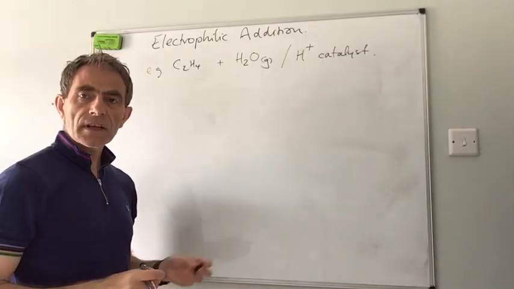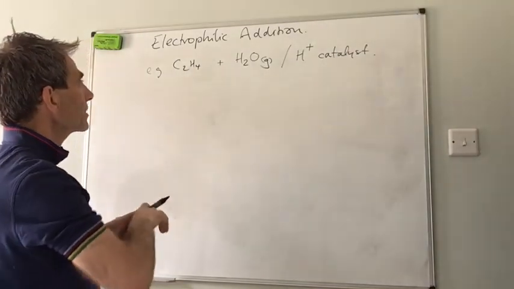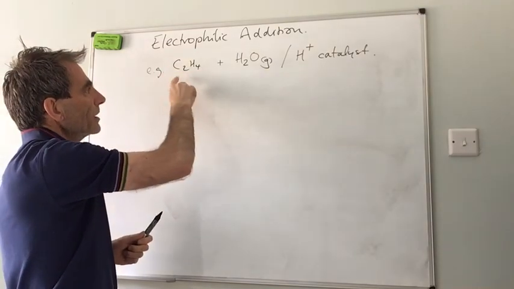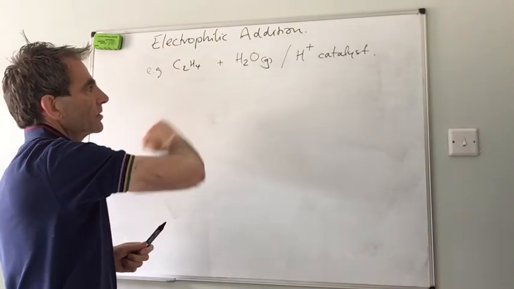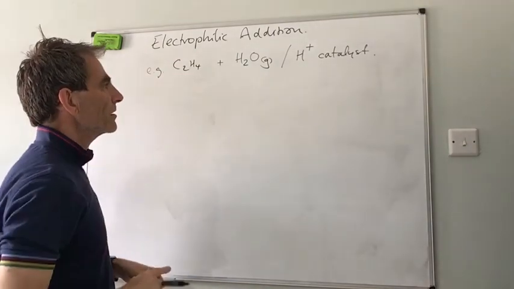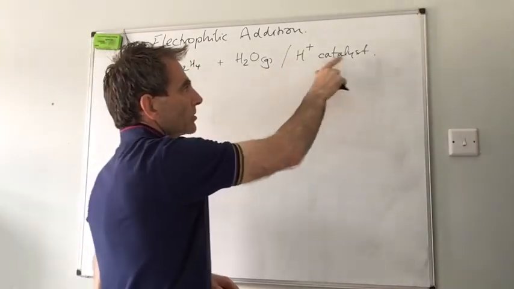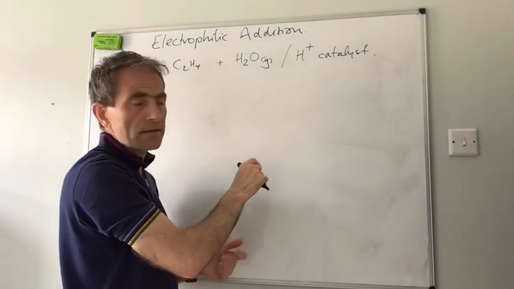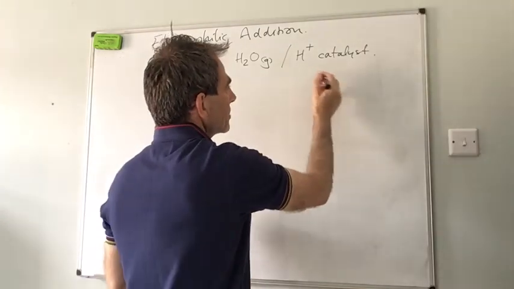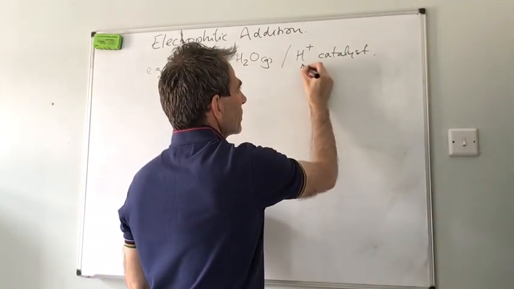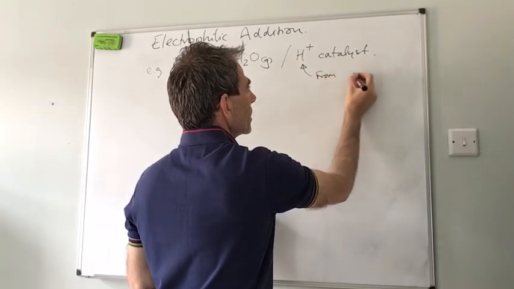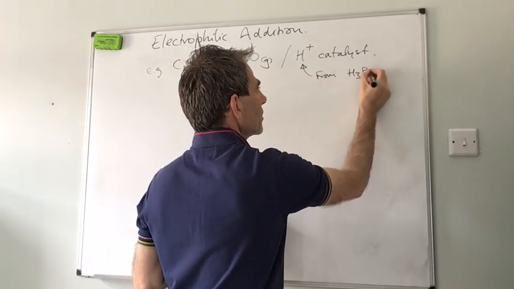The next electrophilic addition reaction we'll look at is the reaction between an alkene and steam, so gaseous H2O. You'll see I'm using ethene again as my alkene, and this reaction needs an H plus catalyst, and that H plus comes from the acid we use, H3PO4.